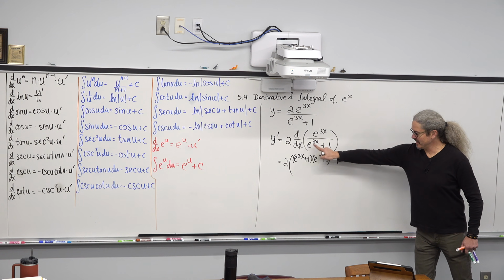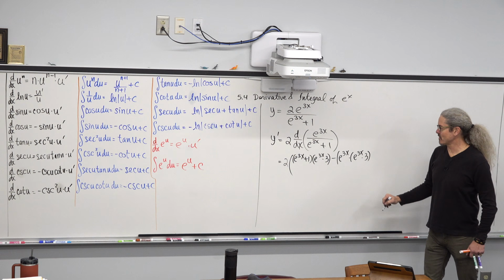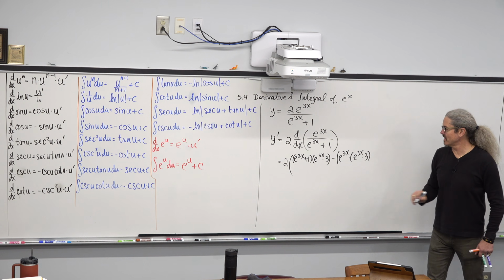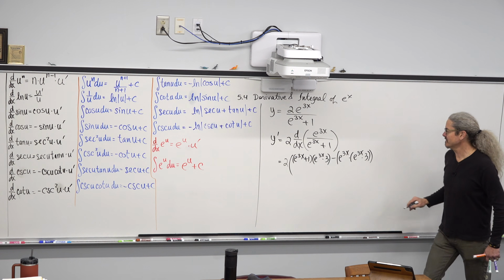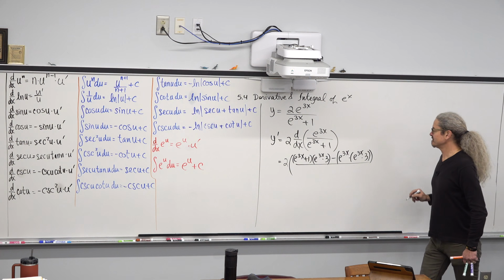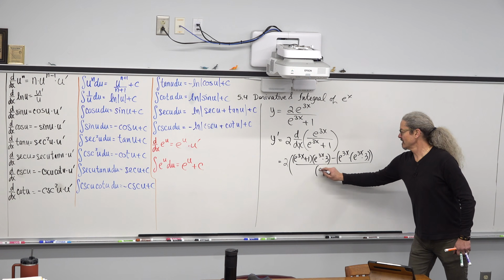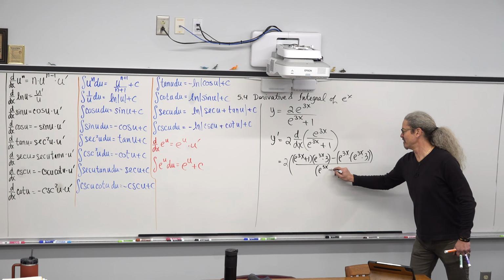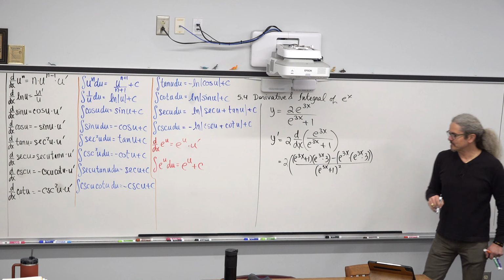And the derivative of e to the u is e to the u times u prime, as you correctly said, and the derivative of 1 is 0. So we have that going on, over low, e to the 3x plus 1 squared.